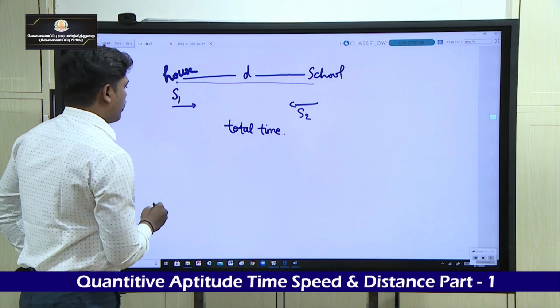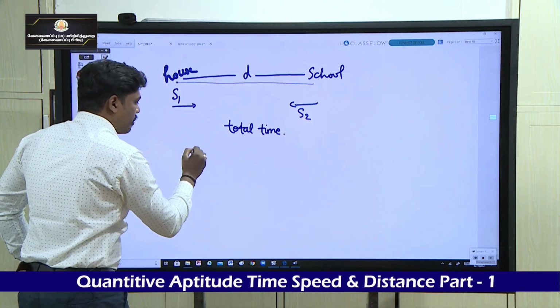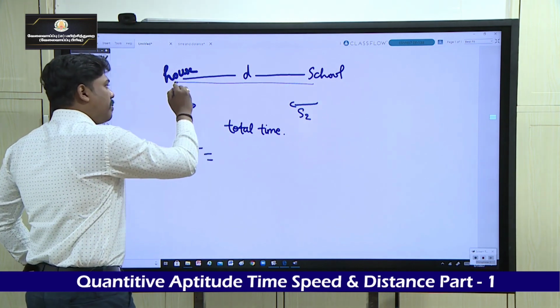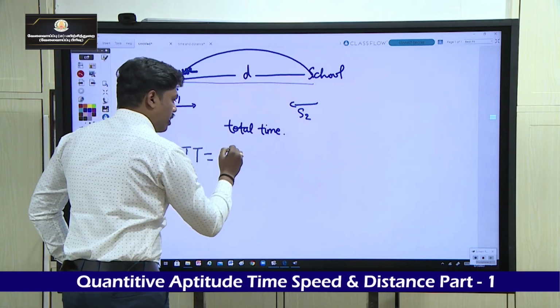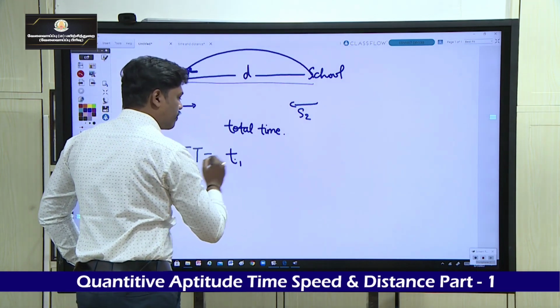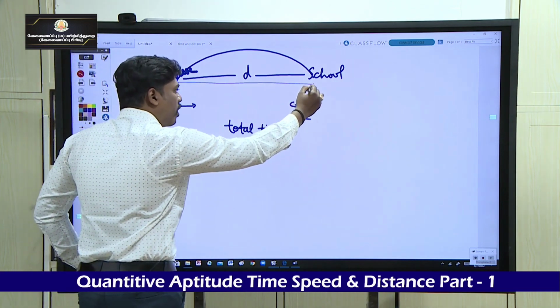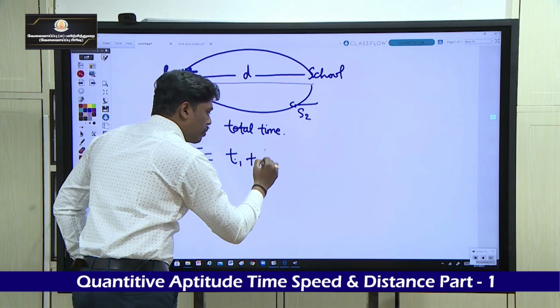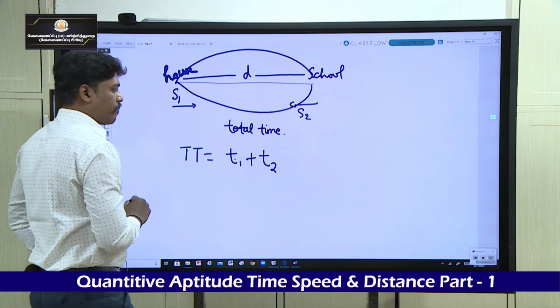Here total time taken, let me write TT, means the time taken by the boy to go from house to school, let us call it T1, and the time taken by the boy from school to house, let us call it T2.